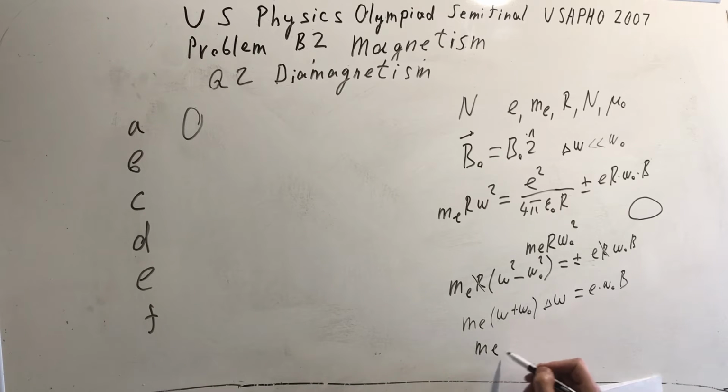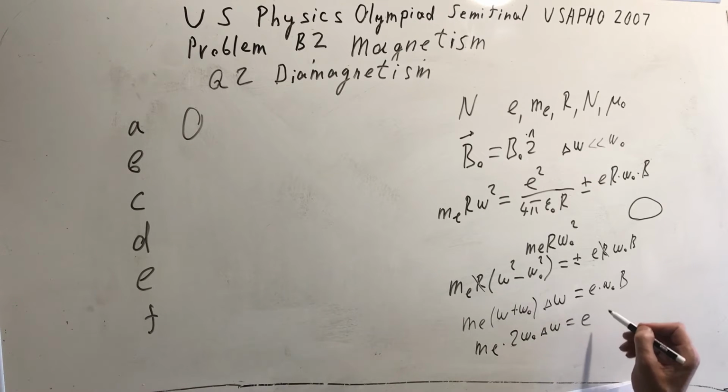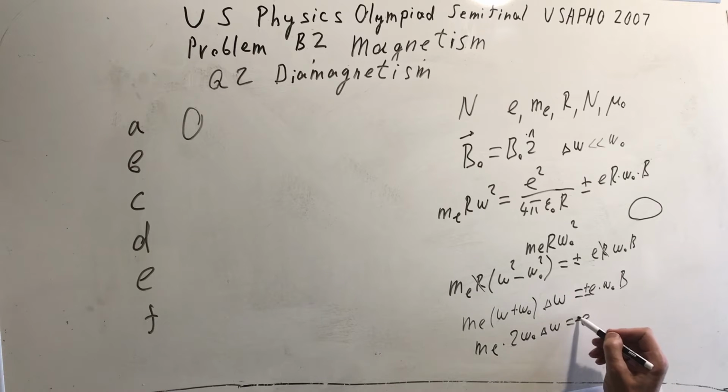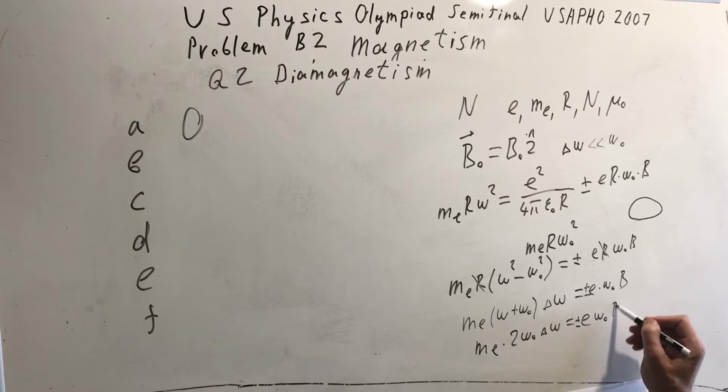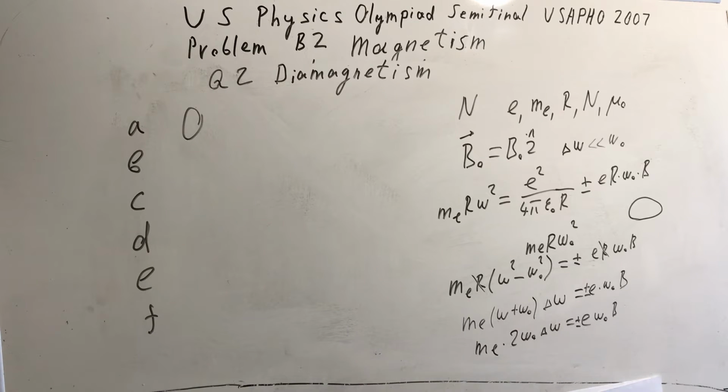So we have m_e 2 omega 0 d omega equal plus or minus e omega 0 B. Finally, d omega equals plus or minus e B0 over 2 mass of electron.